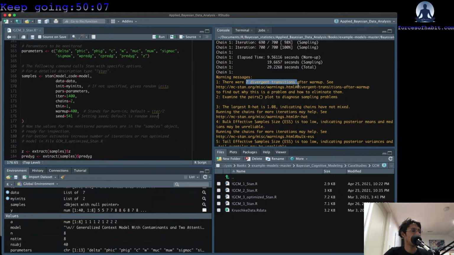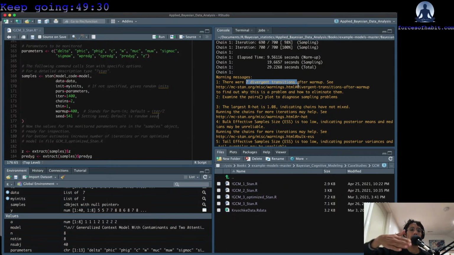Essentially it means that the estimated momentum in how the sampler is sampling across the parameter space was off from what transitions were predicted.